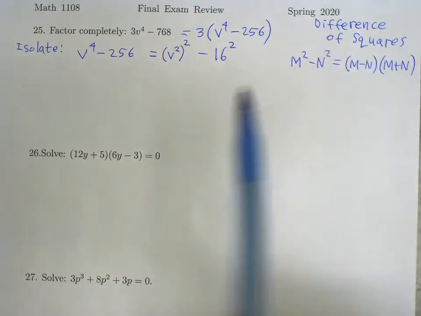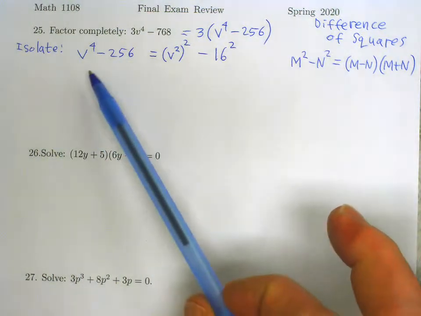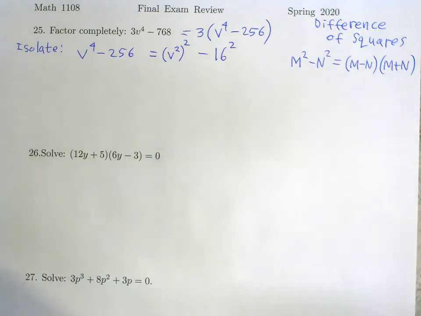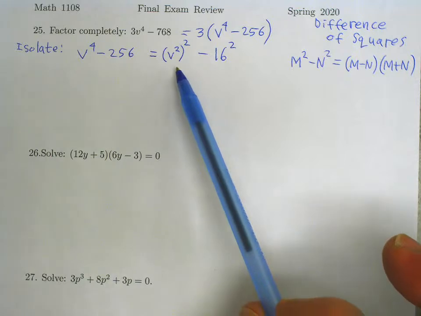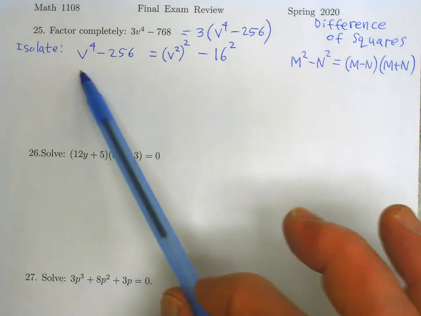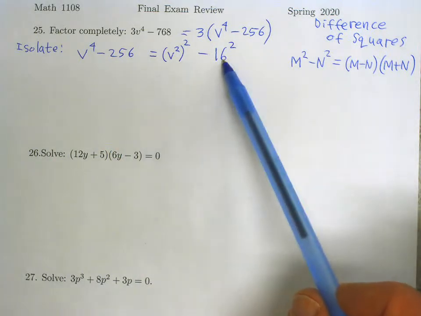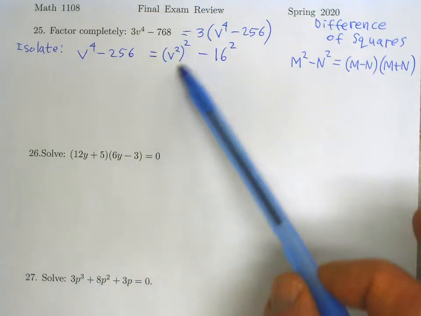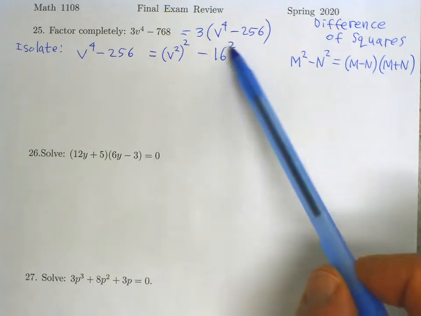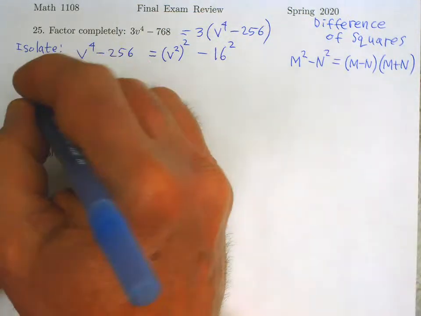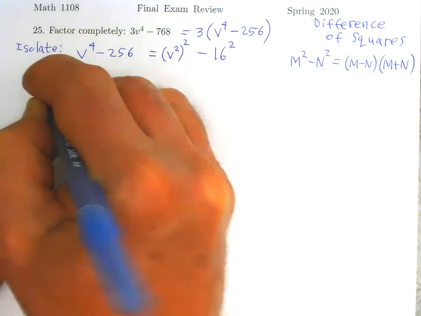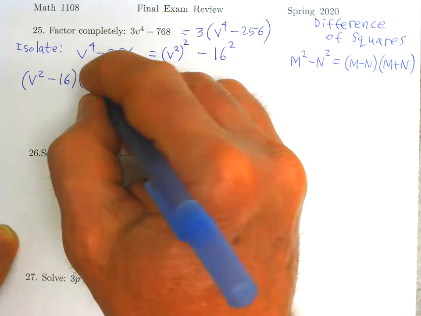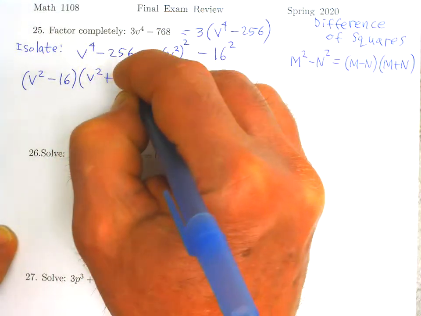Okay, so sometimes it feels like these polynomials are camouflaged, but we'll go ahead and factor this as a difference of squares. This is like m squared minus n squared. So one of the factors is v to the second minus 16, and the other factor is v to the second plus 16.